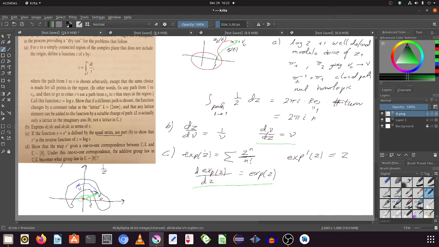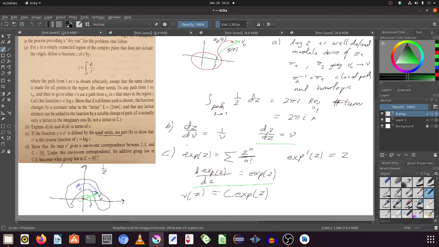I should actually have written v all the way here. So v as a function of z equals a constant times exp of z.